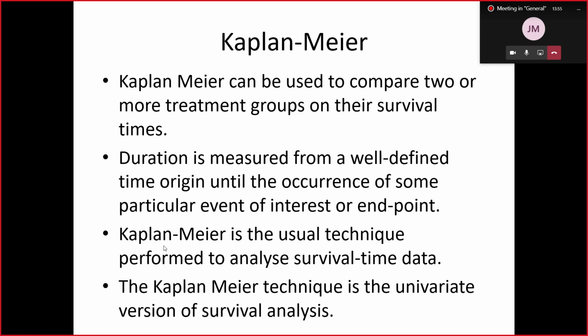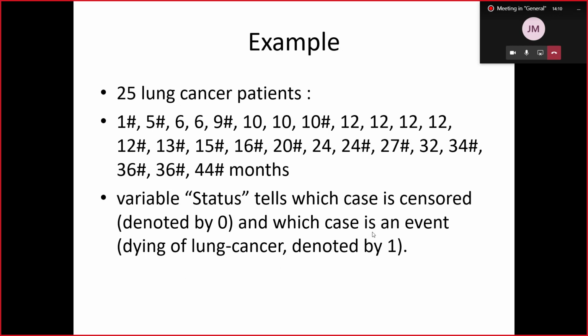So what is it? The Kaplan-Meier is the technique performed to analyze survival time data. Okay. So Kaplan-Meier is the univariate version of survival analysis. So that's the univariate, we already covered that day. This example that we gave two days ago, we had these 25 lung cancer patients.